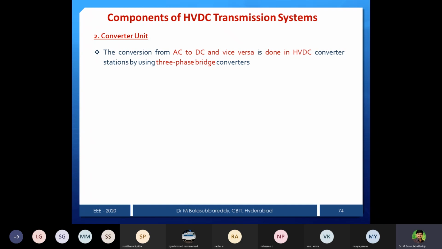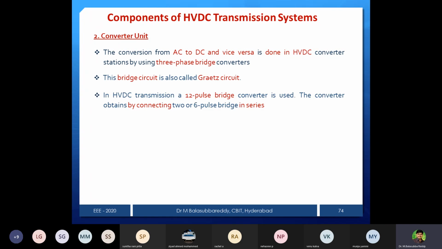The converter station uses three-phase bridge converters, that is, 12 pulse converters. We call this a bridge circuit. In HVDC transmission, a 12 pulse bridge converter is normally used instead of 6 pulse, or two 6 pulse converters connected in series.